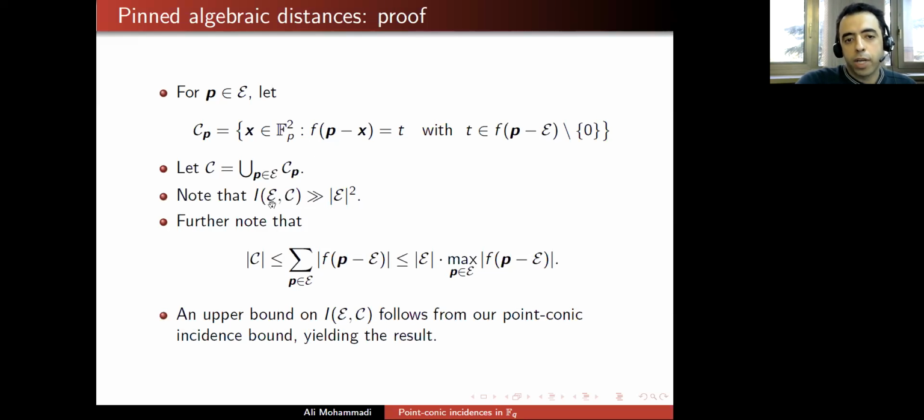Combine the upper bound that you get for this incidence, from our result for point-conic incidences, with this lower bound, and you get the required upper bound for these pinned algebraic distances. This was also a very standard argument. It was actually one of the early arguments for progress on the Erdős distances problem.